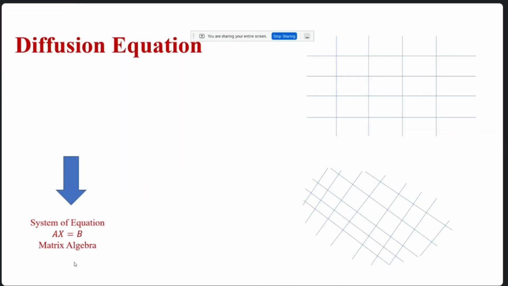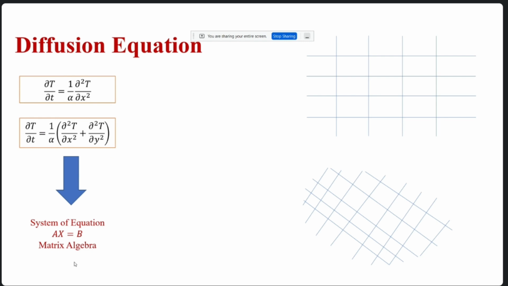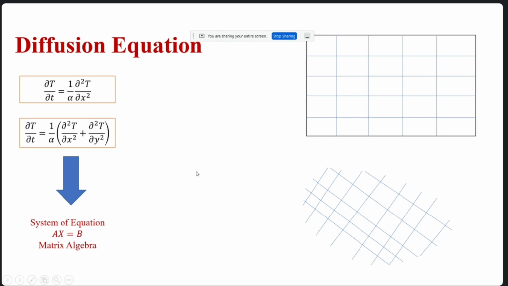How does it work? If we go for the solution, I will come again to the diffusion process. A number of analytical and numerical techniques can be applied for the solution of diffusion equations. Suppose we talk about the two-dimensional diffusion equation. This is the two-dimensional diffusion equation. If we talk about the numerical solution, a system of equations will take place here, and matrix algebra is applicable.